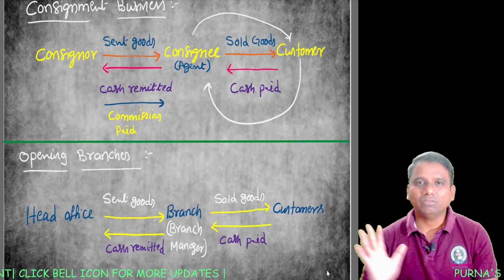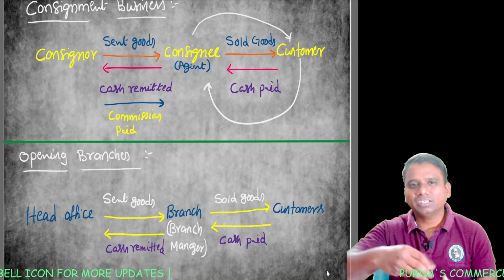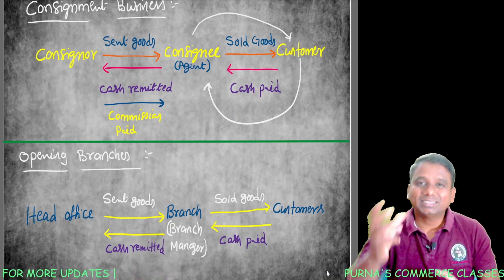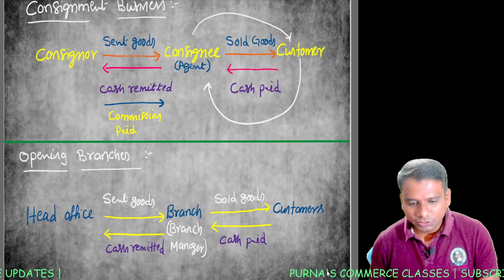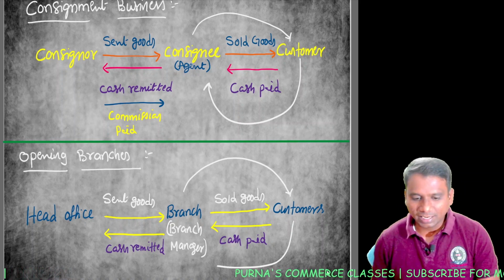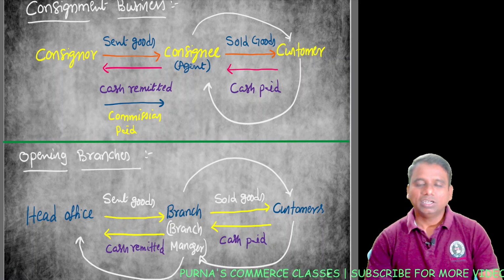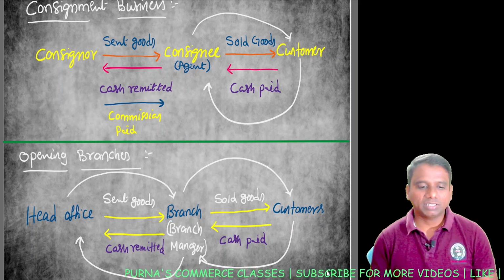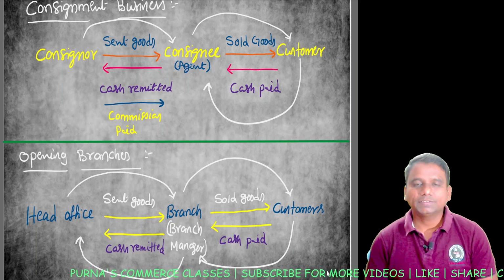Here, the head office, which means the registered place of business or main business office, sends goods to the branch. The branch sells goods to customers, customers pay the amount to the branch, and the branch remits that cash to the head office. Try to understand the basic difference between consignment and branches.